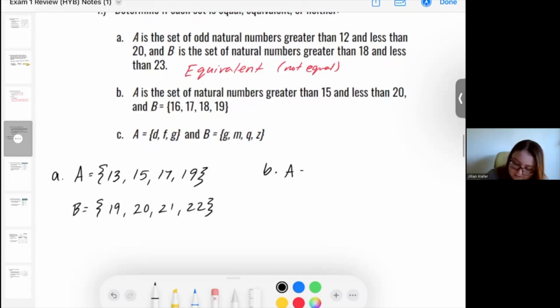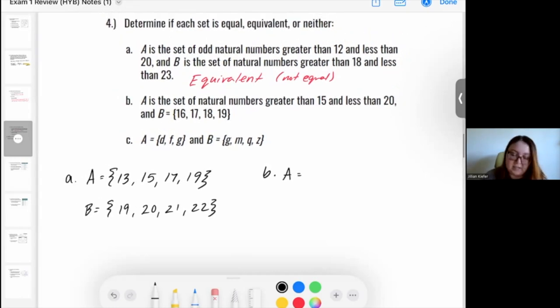So the set A, we said is the set of natural numbers greater than 15. So once again, greater than 15 meaning we start at 16, less than 20, so we're going to end at 19. So between the values of 15 and 20, not including 15 and 20, what are the numbers?